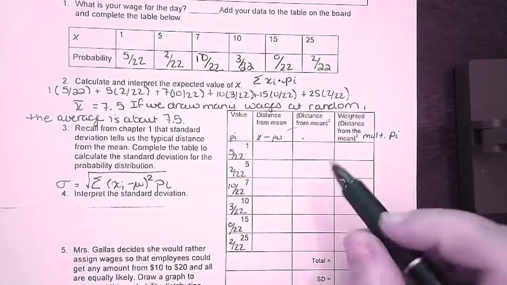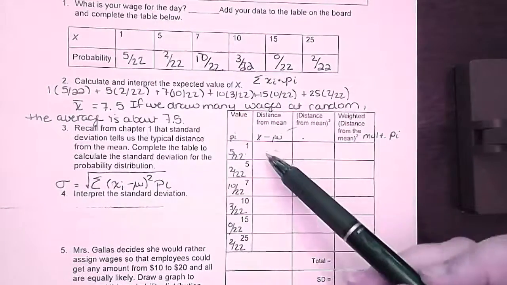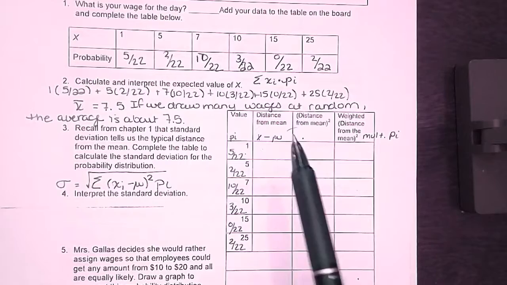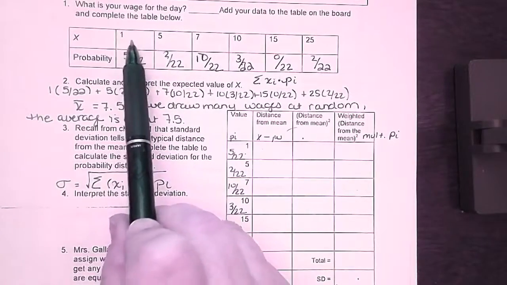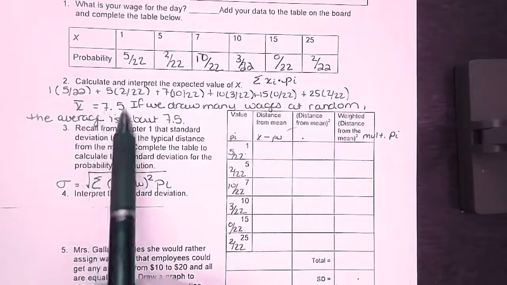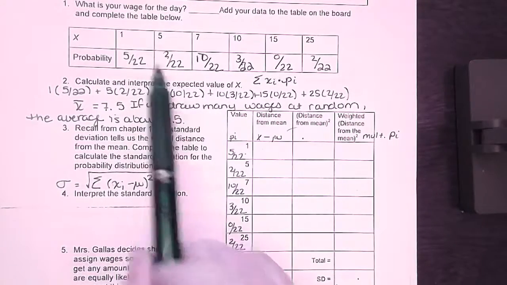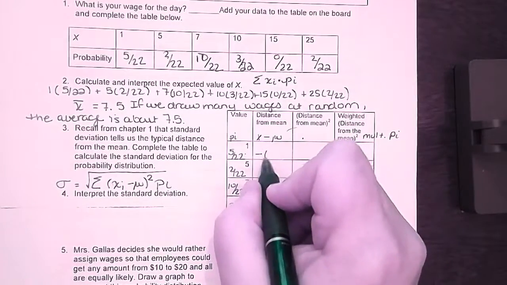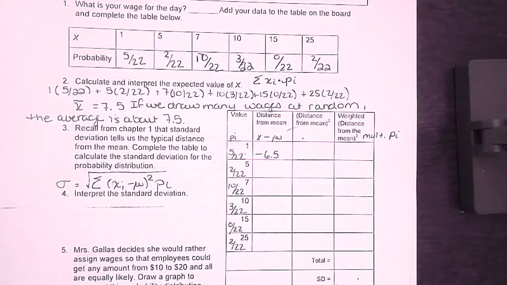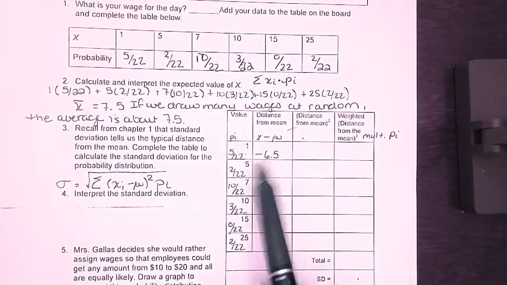Okay, so what I want you to do is pause the video, and we're going to go through this step by step. Take each value of x and subtract the mean from it, which is 7.5. So your first number is 1 minus 7.5, which gives me negative 6.5, right? Then I square that value.